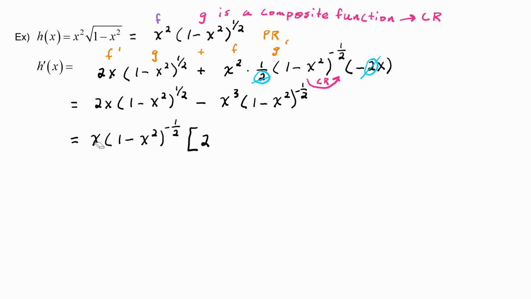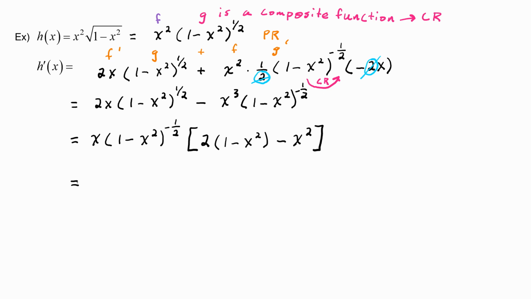The x's will divide out, and this 1 minus x squared to the positive 1/2 over 1 minus x squared to the negative 1/2 is going to be 1 minus x squared to the half minus negative a half, which is adding, so that becomes 2 halves, which is 1, so we can leave the exponent off. Then we have this subtraction sign, and then x cubed over x is going to be x squared, and then the 1 minus x squared to the negative half over itself would just be 1.